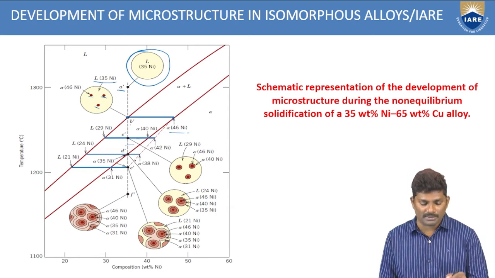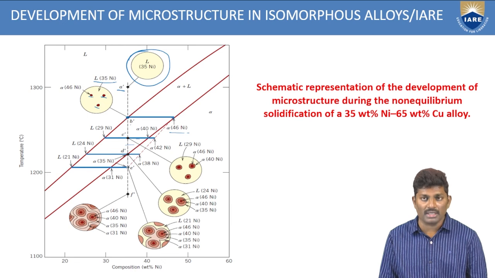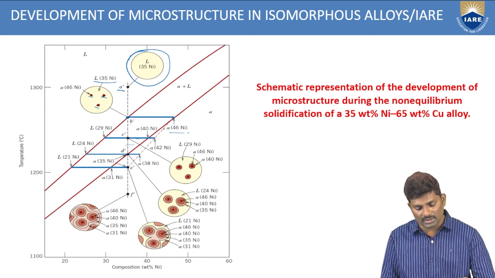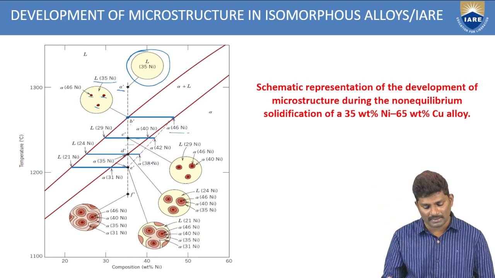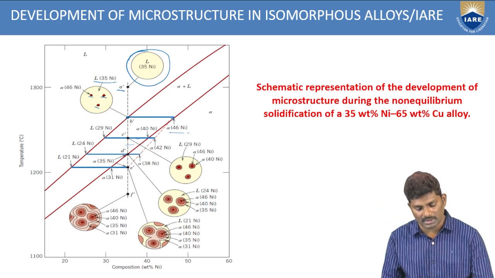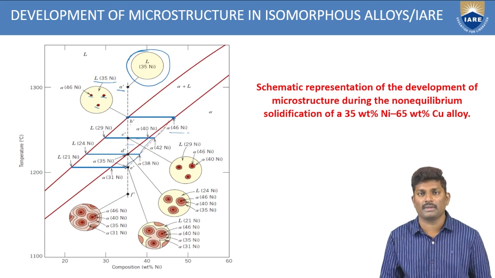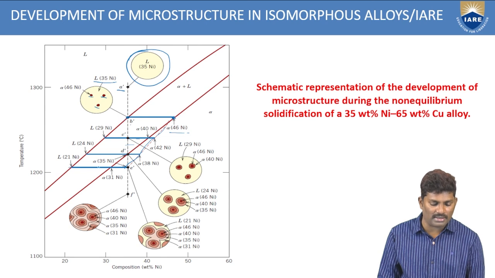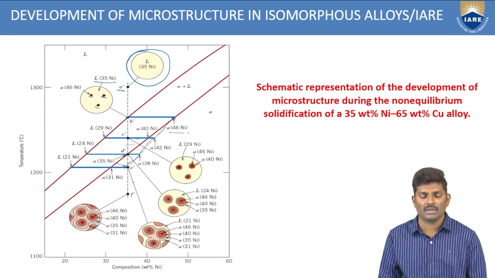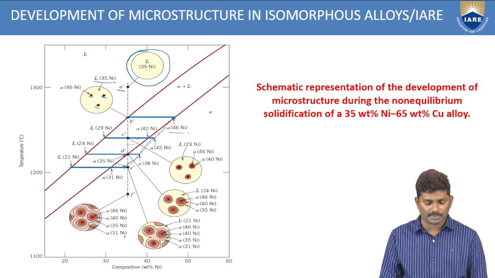Now if you still come down to point E, you can see this dotted line. What is the dotted line you have? You have to draw a parallel line from the junction of point B. Since it is passing between the two phases, you have to draw another line from this point E and identify the compositions by dropping horizontal and vertical lines.